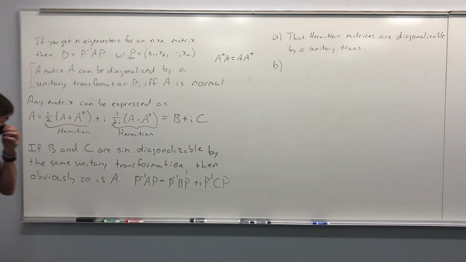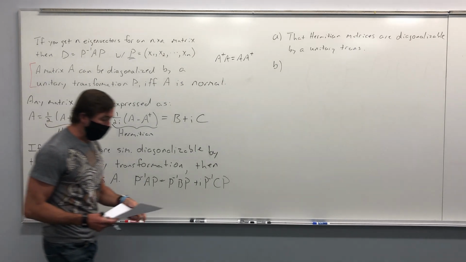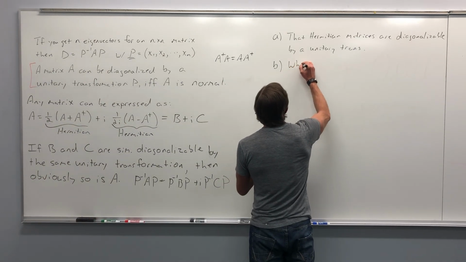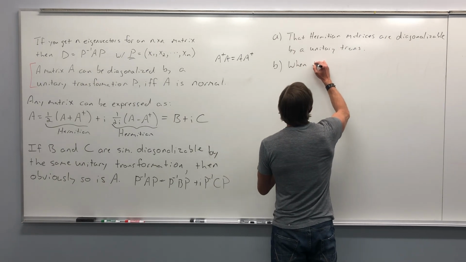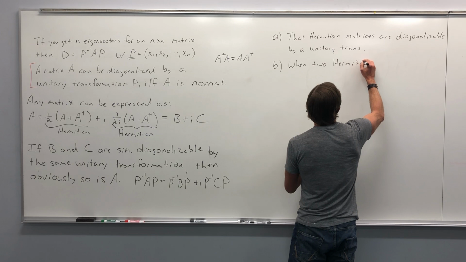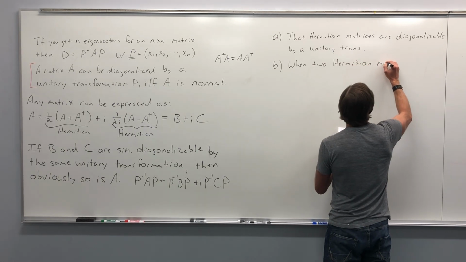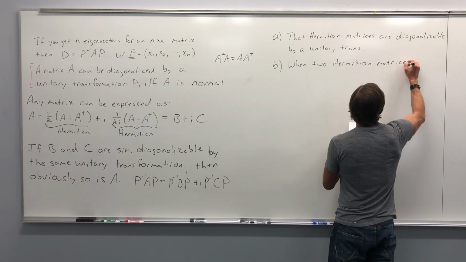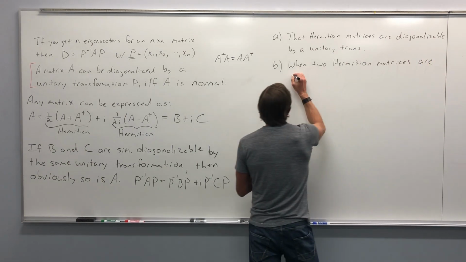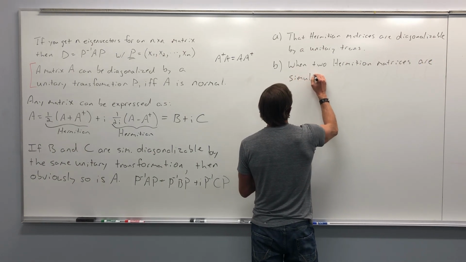Okay? So if B and C are in fact diagonalizable by a unitary transformation, then we have to argue when two Hermitian matrices are simultaneously diagonalizable.